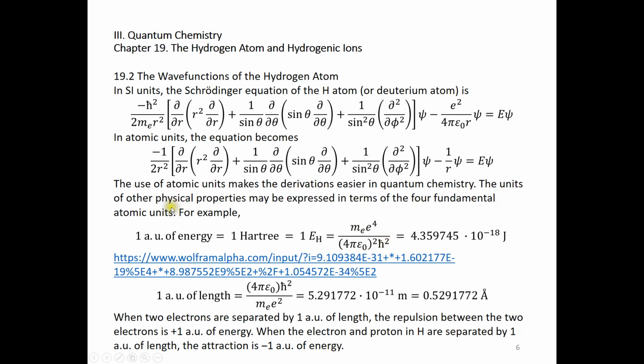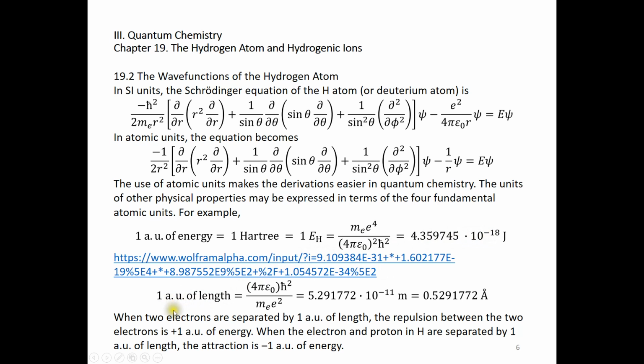Again, the 4 fundamental atomic units are the mass of the electron, the charge of the electron, h bar, and 1 over 4 pi epsilon. So now we have the atomic unit of energy. It's about 4.36 times 10 to the power of negative 18 joule.